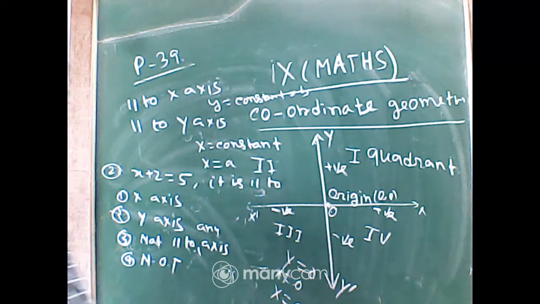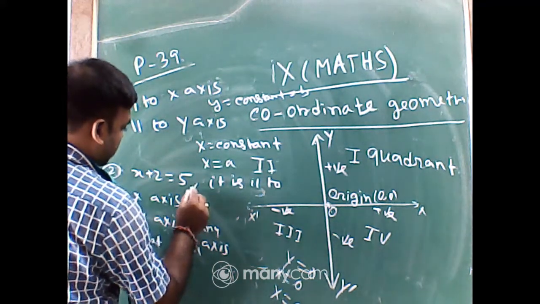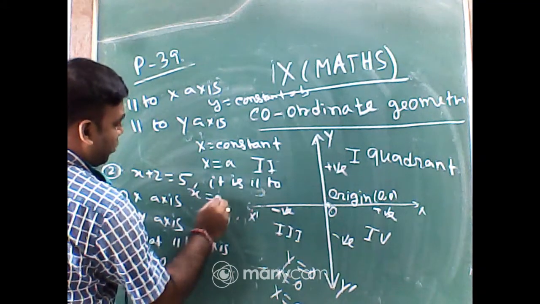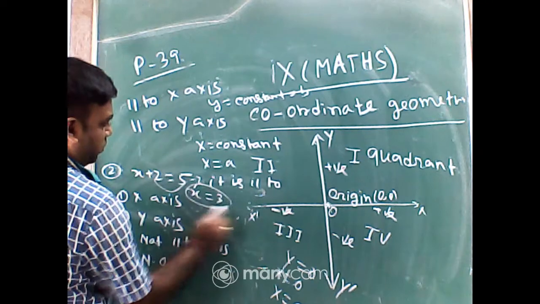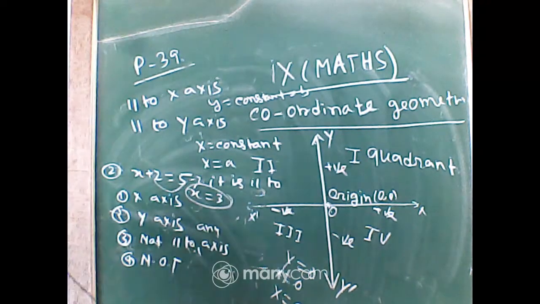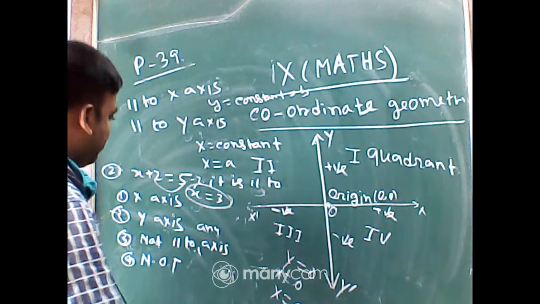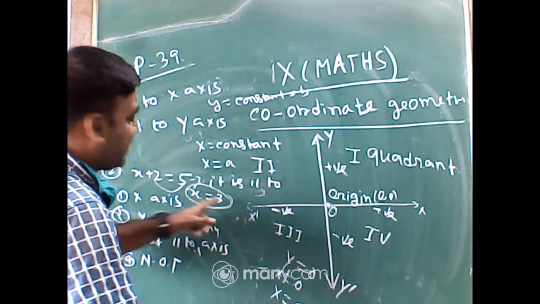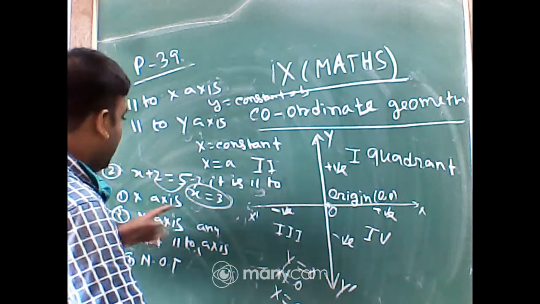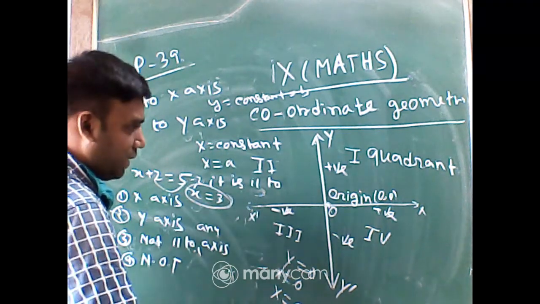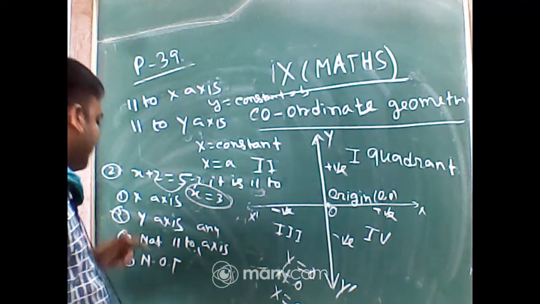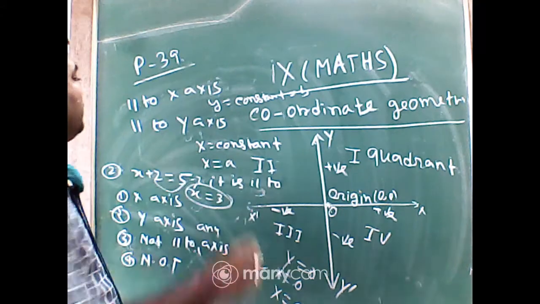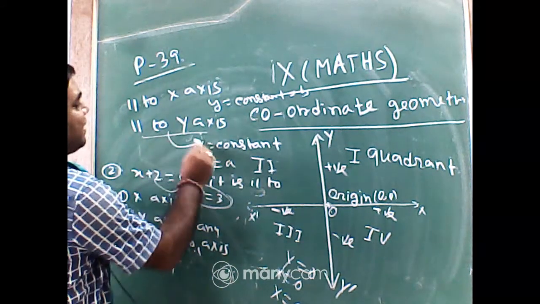Now students, x plus 2 equal to 5 means x equal to 3. Now x equal to 3 means x equal to a constant. And x equal to a constant means the line is parallel to the y axis, as we have discussed already.